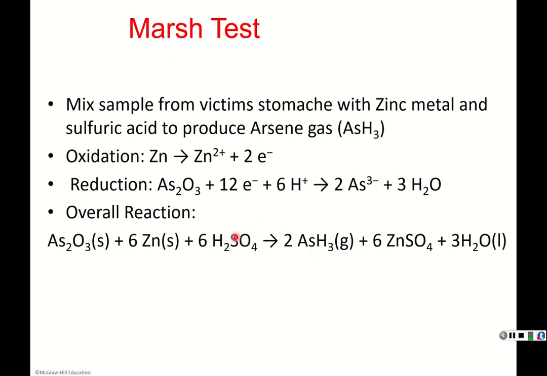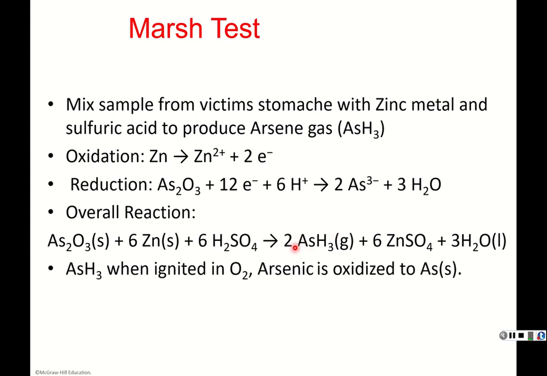If you have that acidic environment, it combines with hydrogen and you get this gas. And when ignited in oxygen, arsenic is oxidized to that solid arsenic, and that's what can be detected.